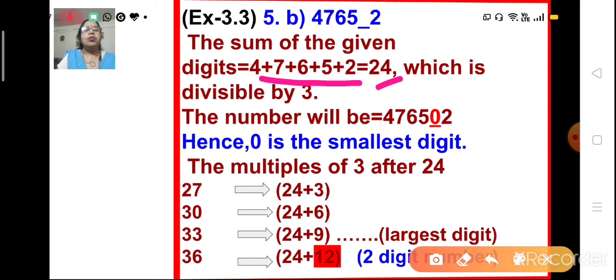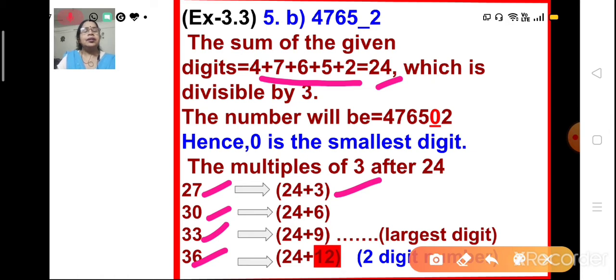Now let's see what will be the greatest digit to be filled in this blank so that the number becomes divisible by 3. So what are the multiples of 3 after 24? The multiples of 3 after 24 are 27, 30, 33, 36 and many more we can get. But which will be the largest digit so that the number becomes divisible by 3, and we have to take only a single digit. 27 we get by adding 3 to 24.